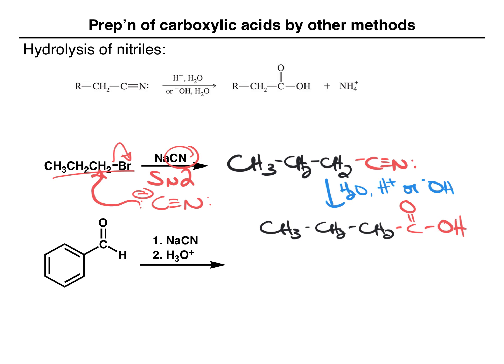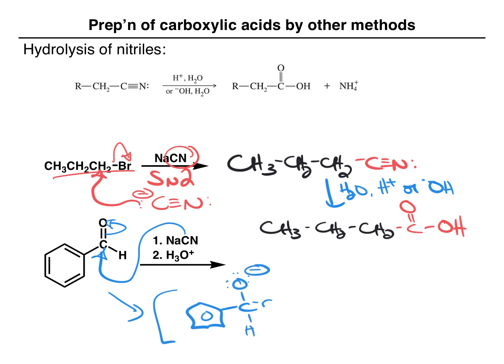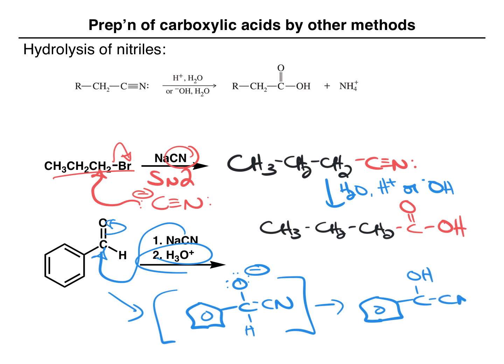So in this case, cyanide can add to the carbonyl carbon, pushing these electrons up onto the oxygen, giving us as an intermediate this, and then H3O+, in this case it refers to very mild acid, just enough to protonate this O-, which gives us the cyanohydrin.